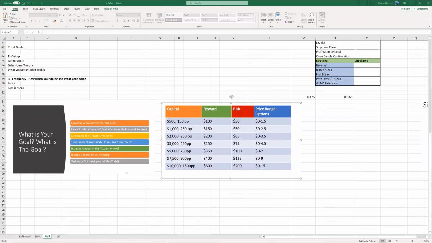Just trying to put everything in order so we can start working. Participants. Okay. So are we good? You can see the Excel here.